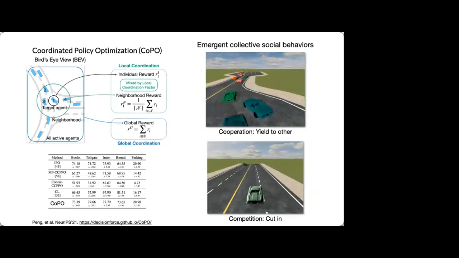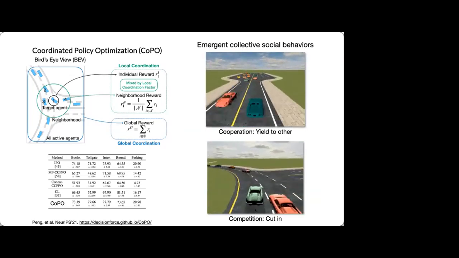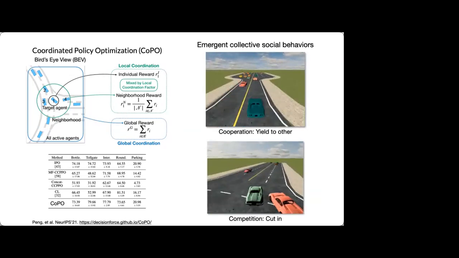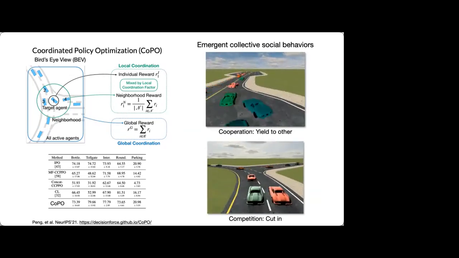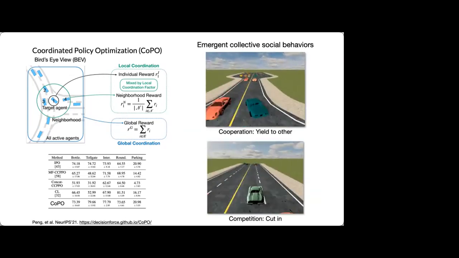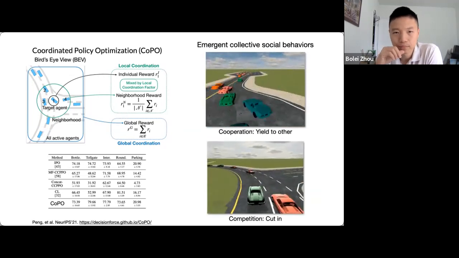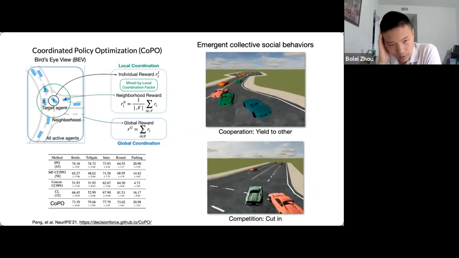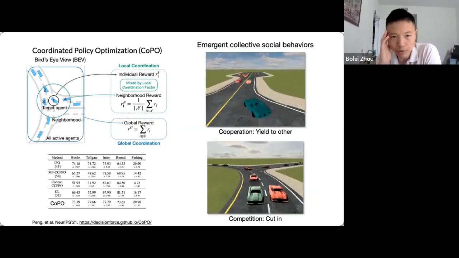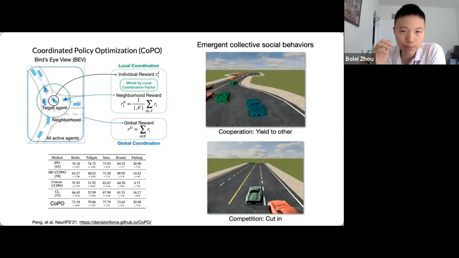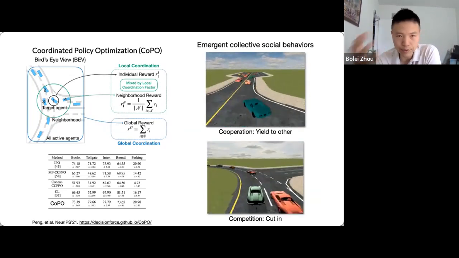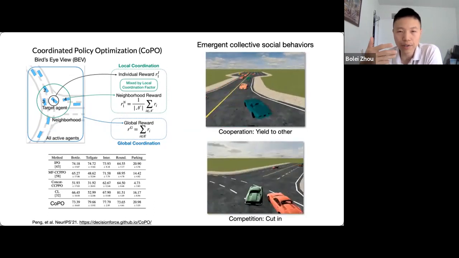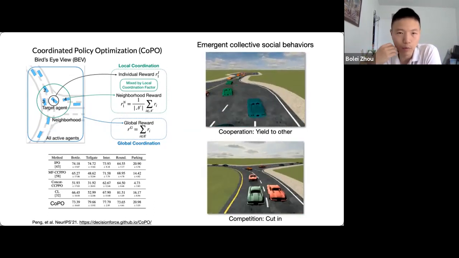It could be interesting to modify this global reward with some data-driven term that looks like the motion patterns you've seen in, say, the nuScenes dataset, to make it more realistic while also following these local rewards. Yeah, indeed, I think that's a kind of hybrid learning. Right now we just train purely from reinforcement learning, so there are no human priors here. But if we can incorporate some human driving data, then it will be more human-like.